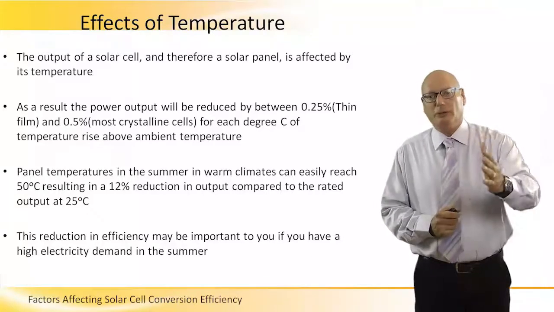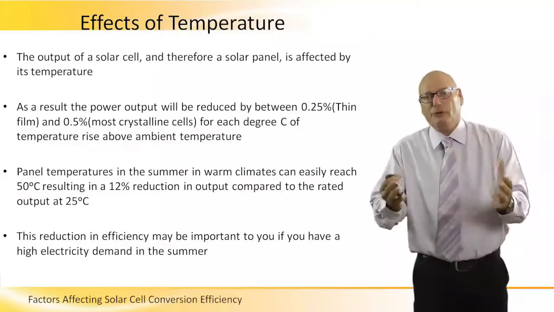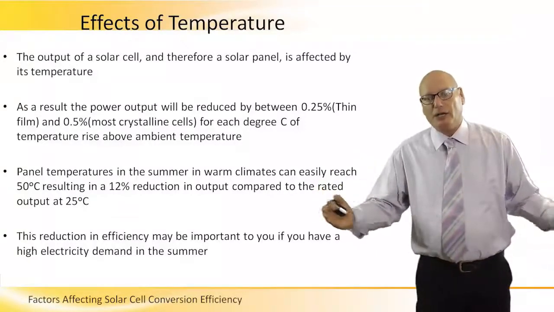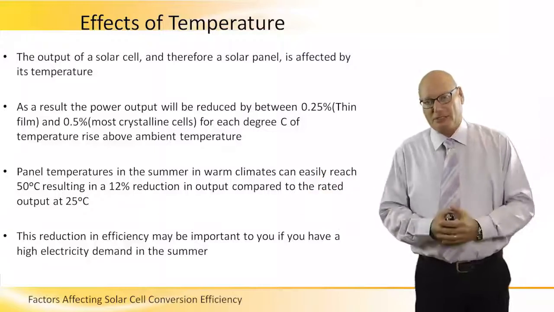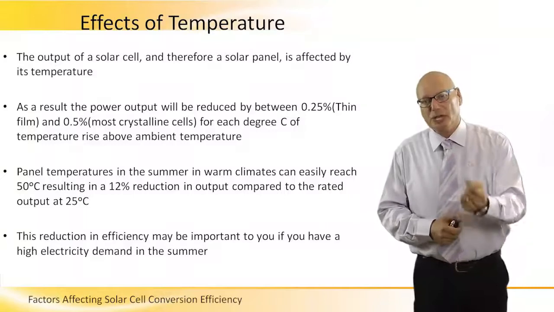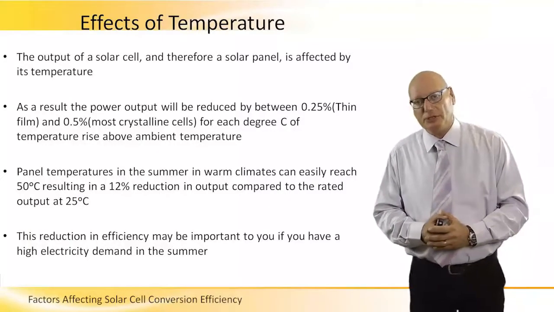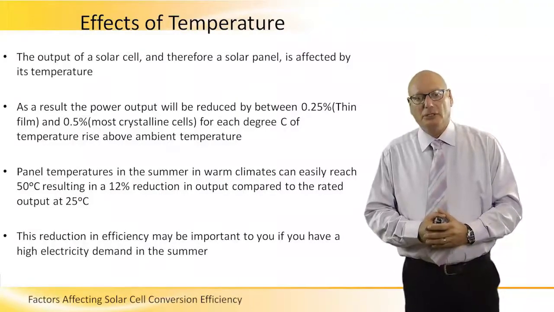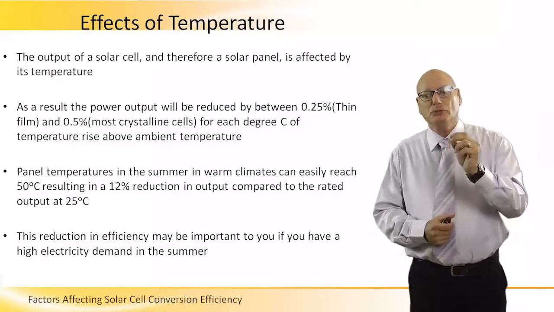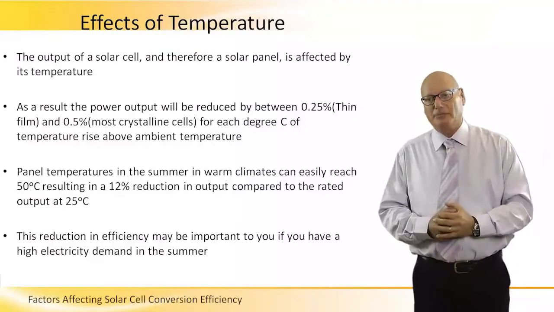So the loss will be about 15%, which means for the same level of output power, we will need 50% more area, 50% more panels, 15% more money to invest, just because of the NOCT. So that's a very important parameter. This reduction in efficiency may be incorporated to you if you have a high electricity demand in the summer.